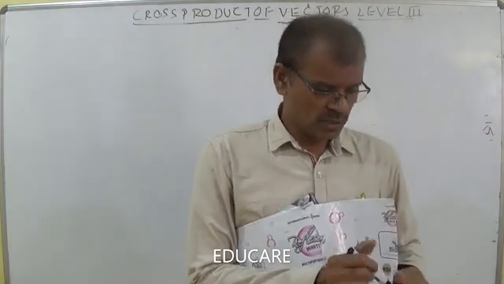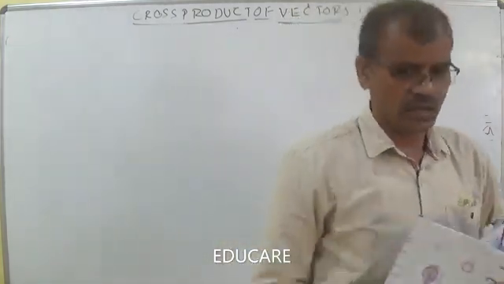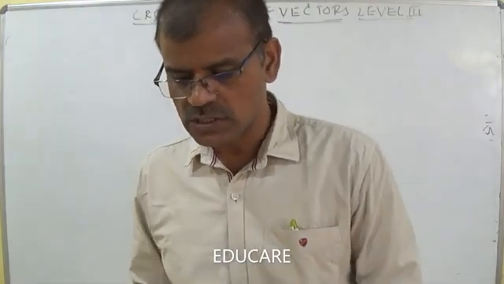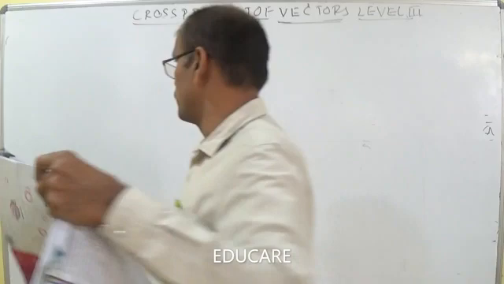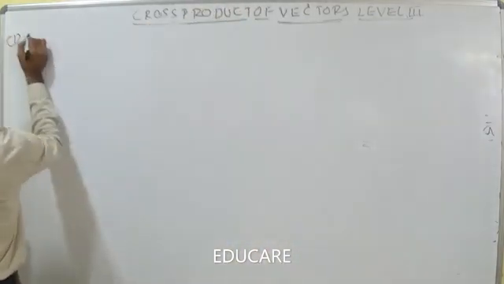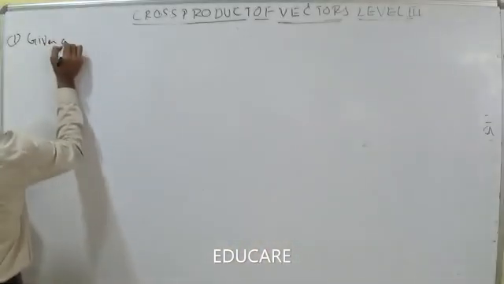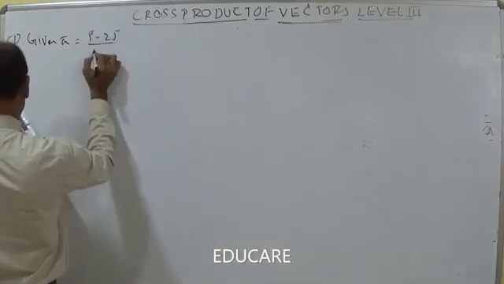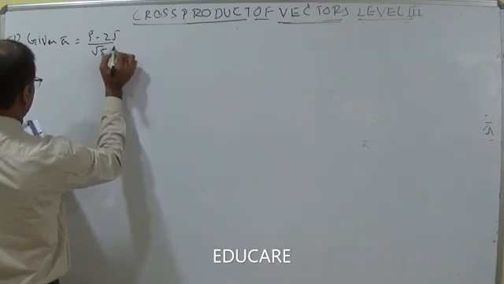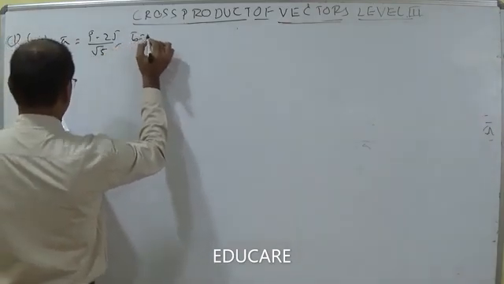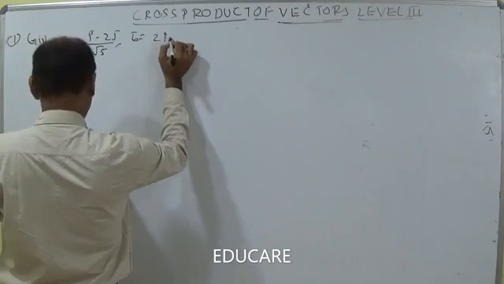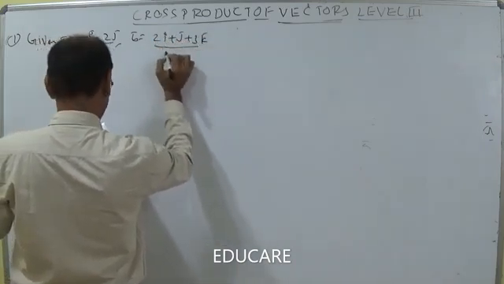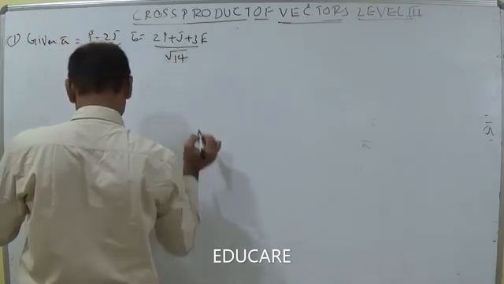Level 3. First, let us read the first question. A bar, B bar are vectors in space. Given: A bar is equal to i bar minus 2j bar by root 5, B bar is equal to 2i plus j plus 3k by root 14.